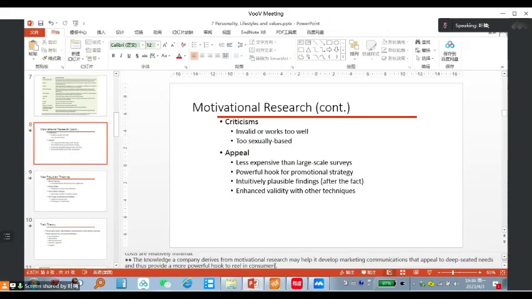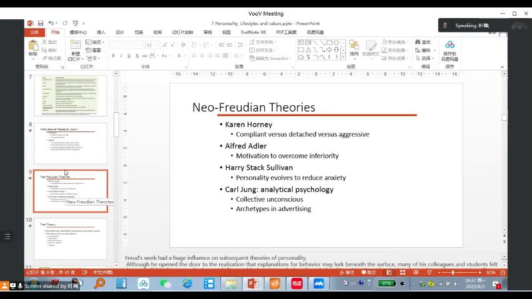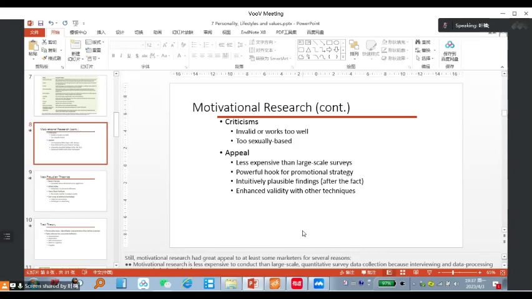And it has a powerful hook for promotional strategy, because it can provide deep-seated needs through the interviews, digging out the underlying motives to buy some products. And it can usually get intuitively plausible findings. So if you are interested in motivational research, you can search for more articles to read through.